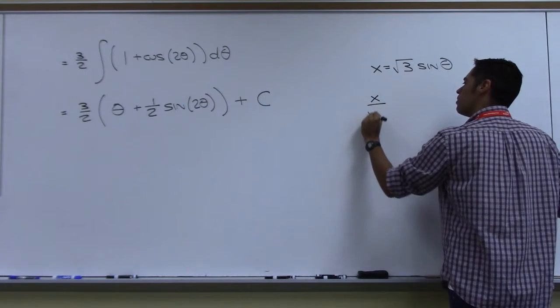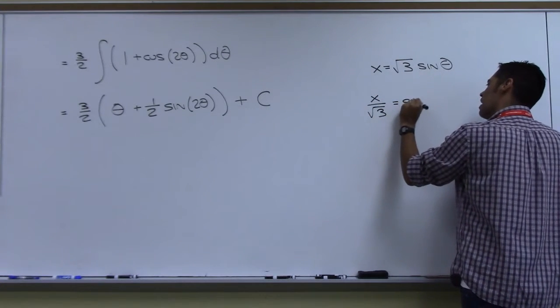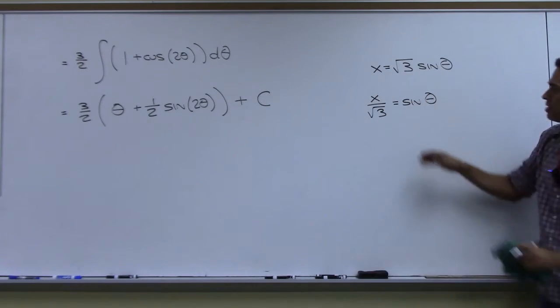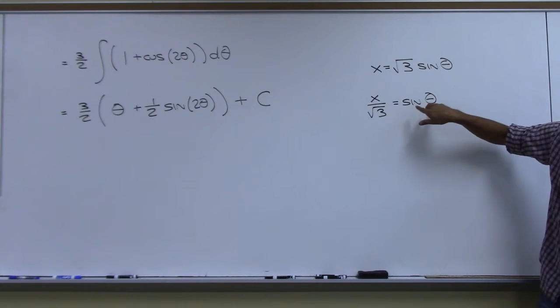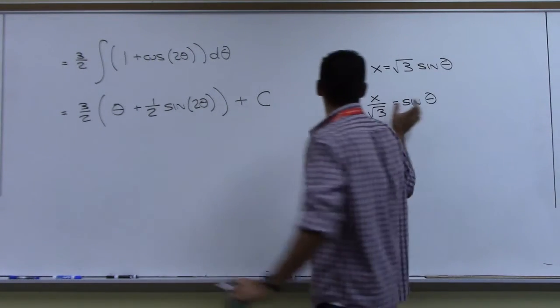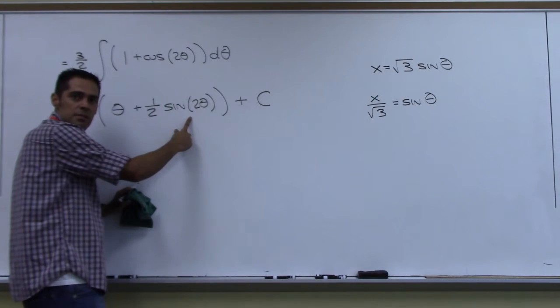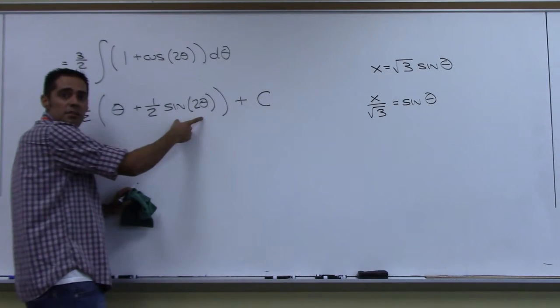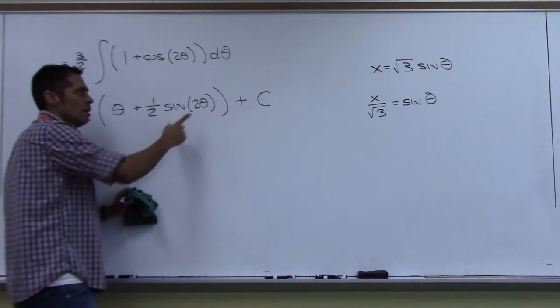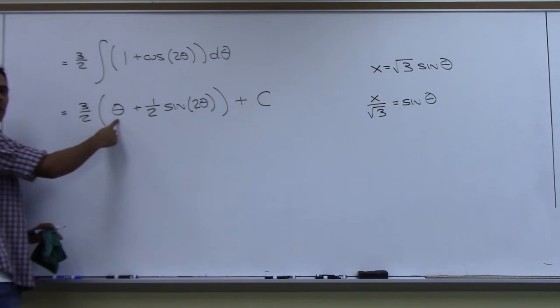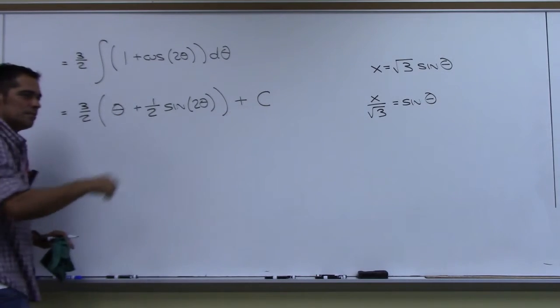So x over root 3 equals sine theta. Do y'all see what I'm saying? You know what sine theta is. You don't know what sine of 2 theta is. And that's what you need for the answer. Also, you don't know exactly what theta is unless you do something over here.